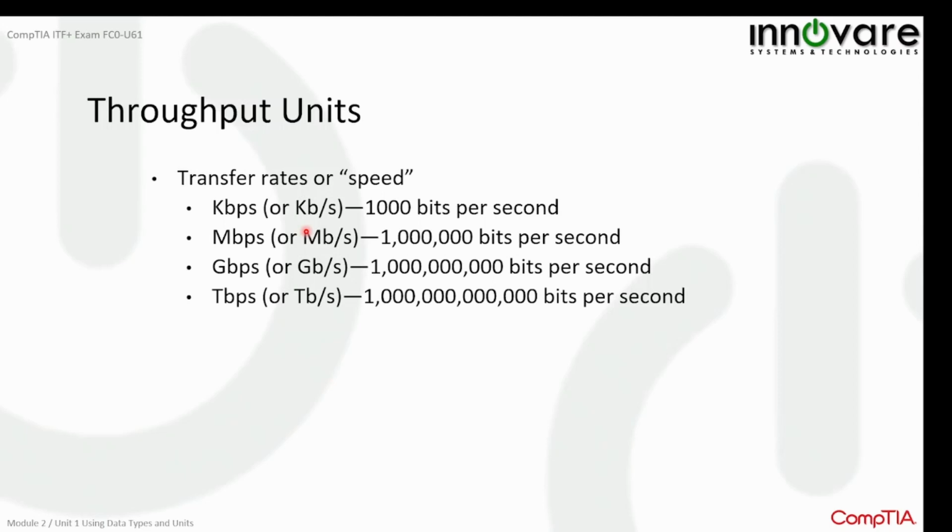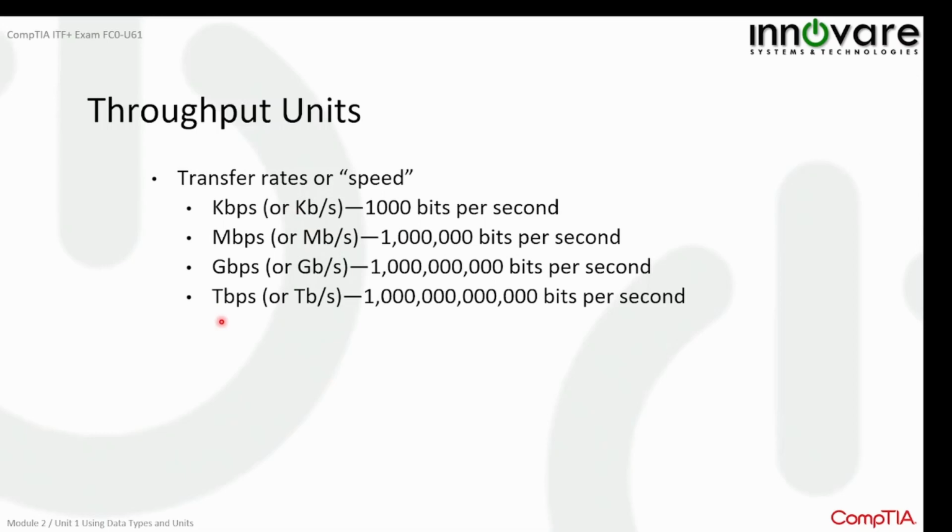So when we say kbps, it's like kilobits per second. It's actually 1000 bits per second. This is the speed or transfer rate. These are the words being used. And Mbps, these are the words, no? Kilo, mega, giga, and tera. So Mbps is megabits per second, then gigabits per second, terabits per second.